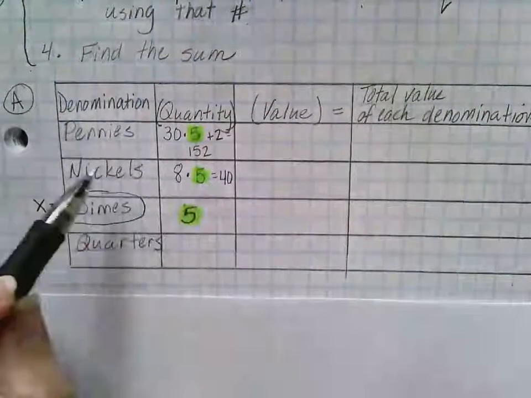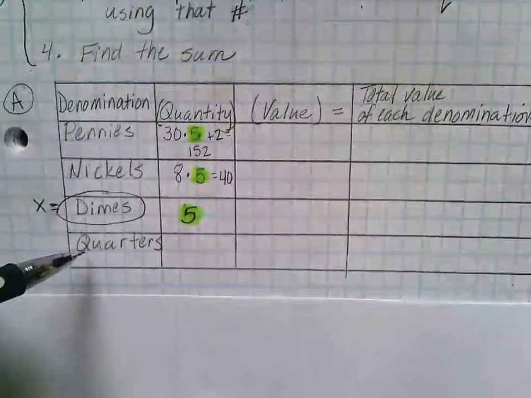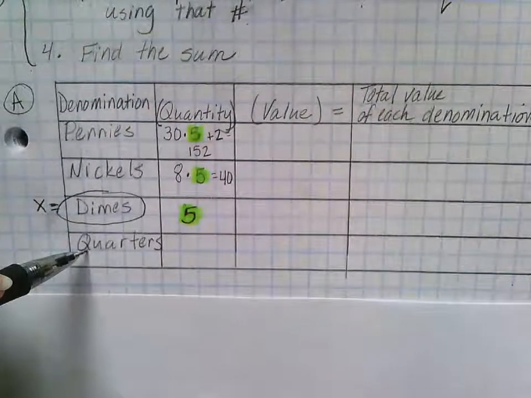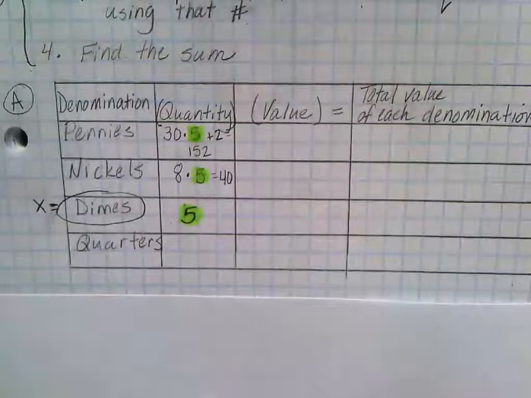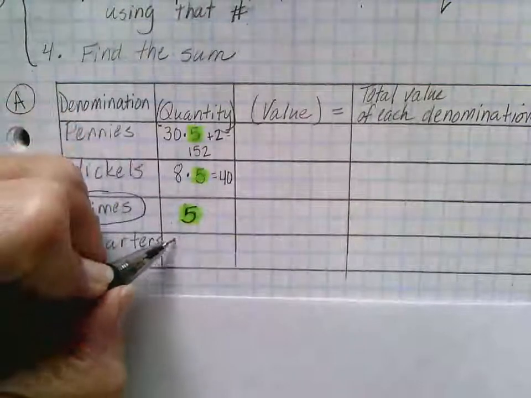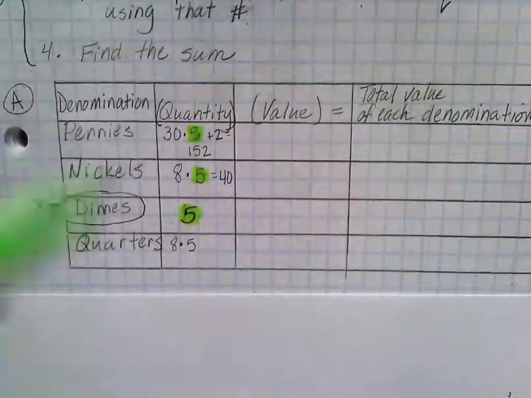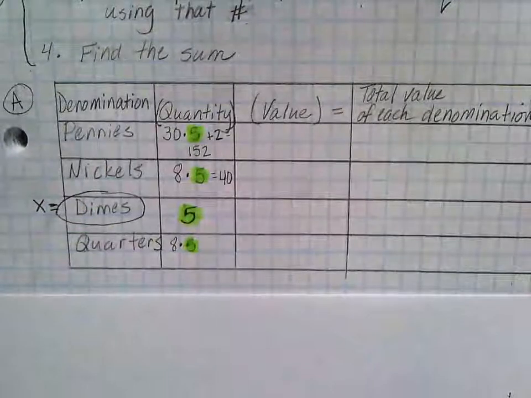I'm going to have 40 nickels, I'm going to have 5 dimes, and my number of quarters is going to be 6 less than 8 times the number of dimes. So again, I'm going to take 8 times 5, and I'm going to subtract 6.